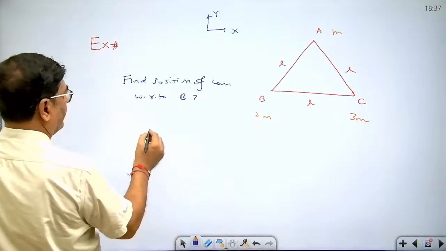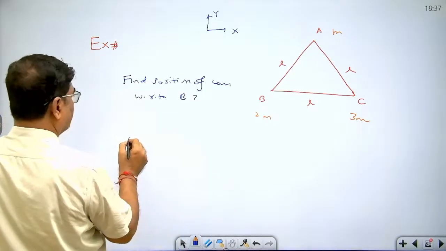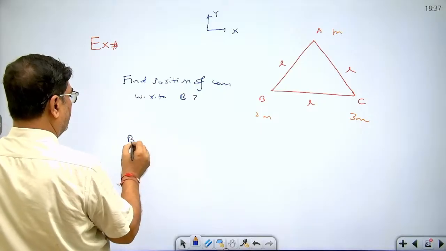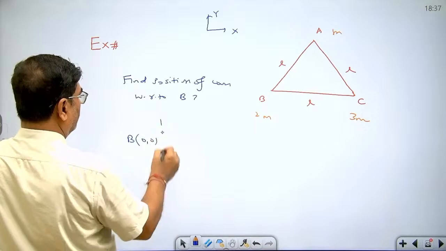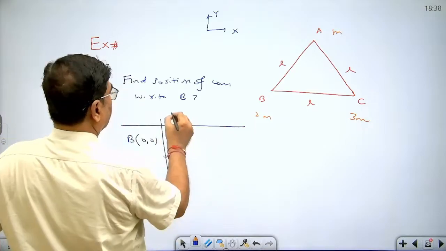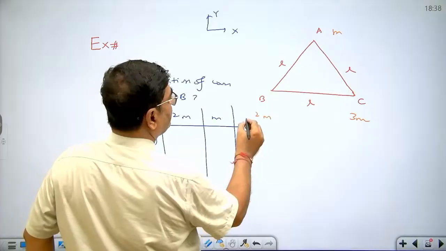Now, dear student, we are preparing a table with respect to reference point B. This is mass 2m, this is mass m, and this is mass 3m.